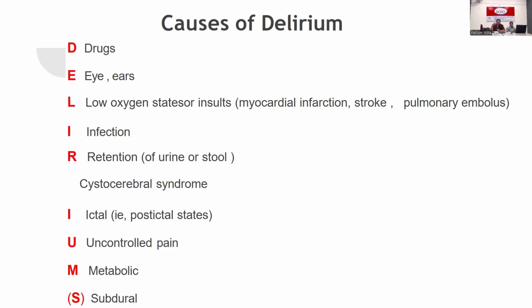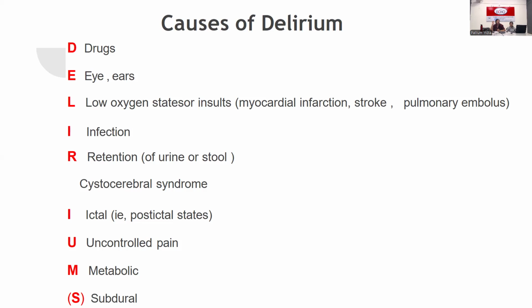When the eyesight decreases and when the hearing ability decreases, they'll be in a different world. They'll not be seeing anything, and they'll not be hearing anything. And along with some other diseases, they can develop delirium.